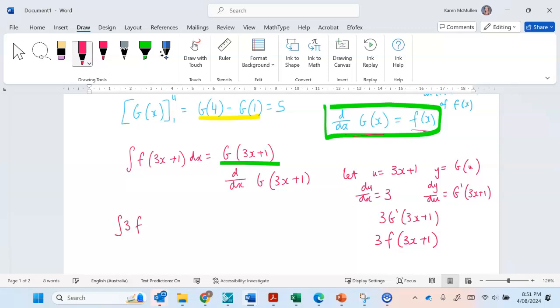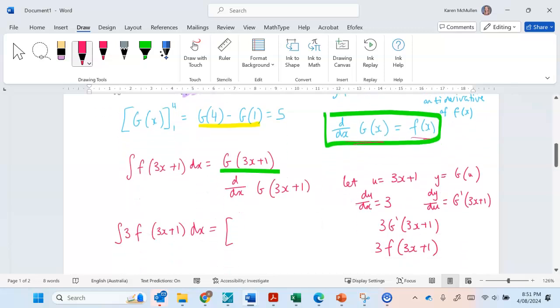So 3 times f of 3x plus 1 dx is equal to, actually where are we going from, 1 to, no, we're not going from 1 to 4, from 0 to 1, g of 3x plus 1.